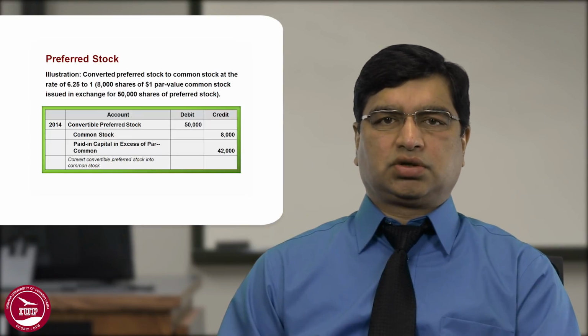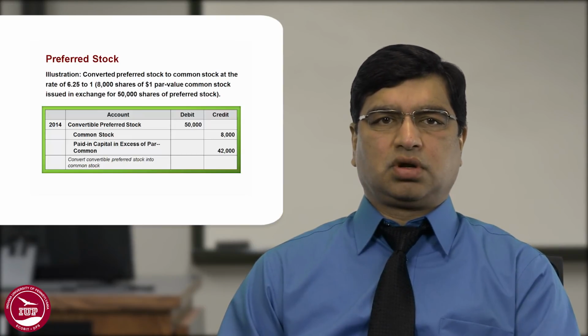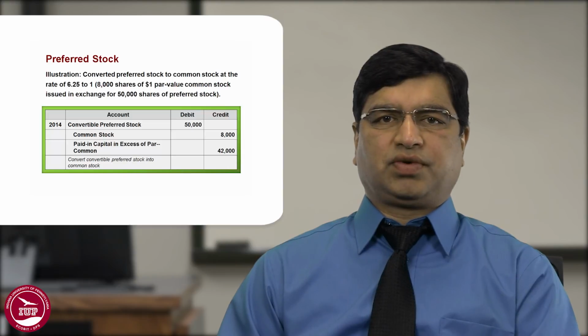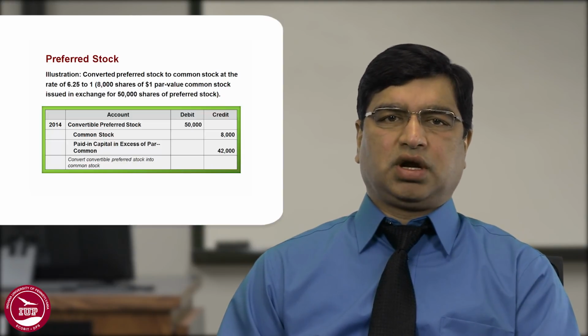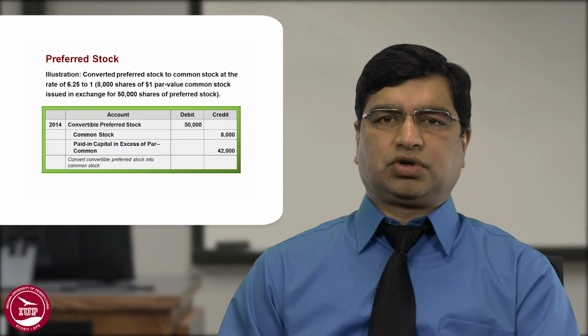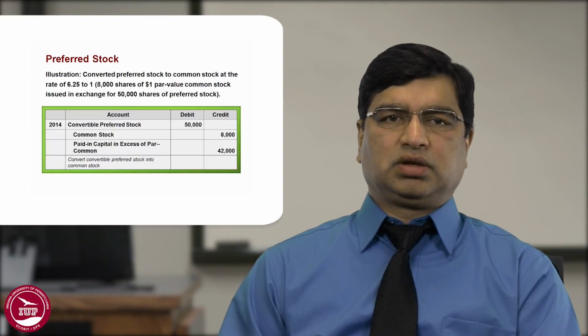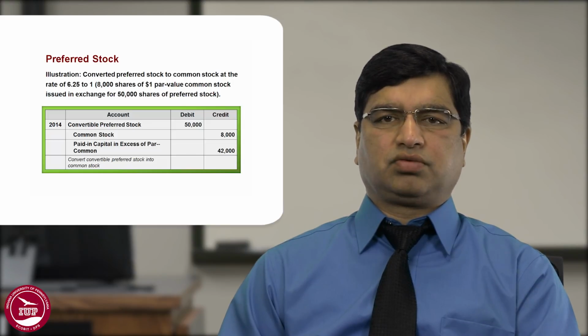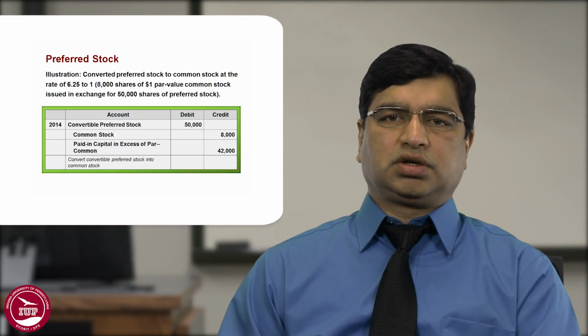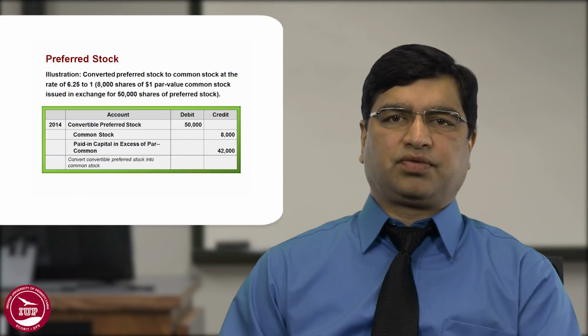So 8,000 shares of $1 par common stock were issued in exchange for 50,000 shares of preferred stock. Please note that we debited the convertible preferred stock by 50,000. Then the common stock, the 8,000 shares that were issued, is 8,000, and the remaining goes to paid-in capital in excess of par for the common stock.